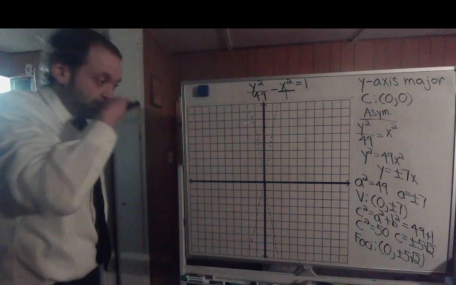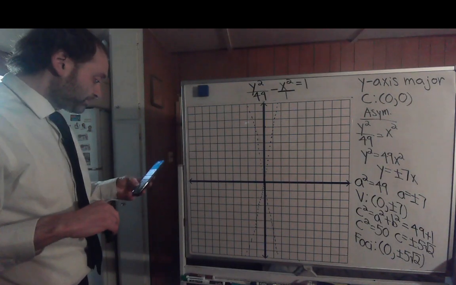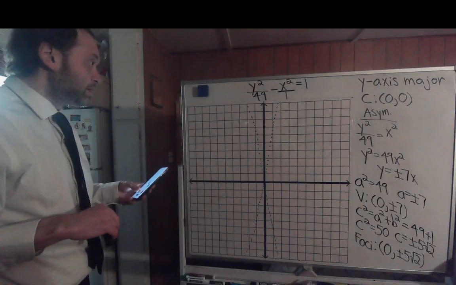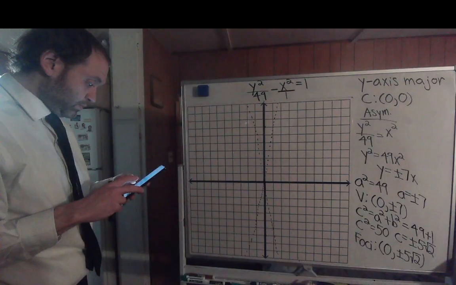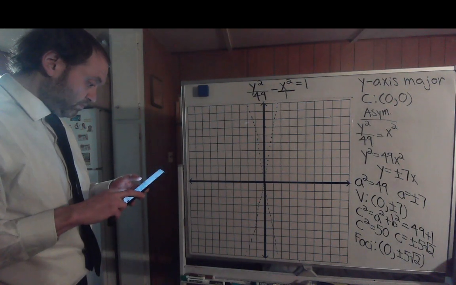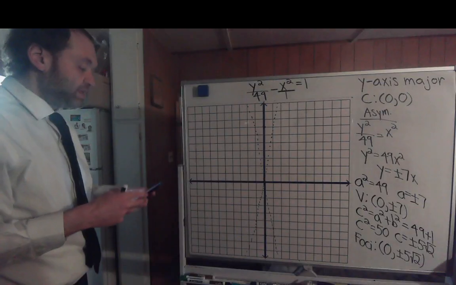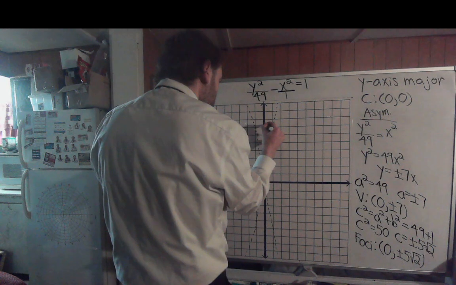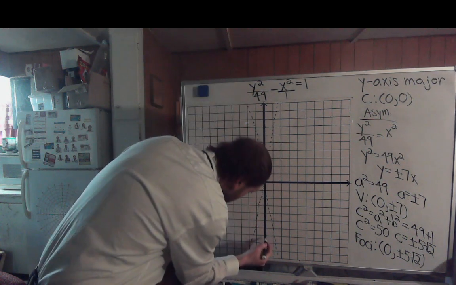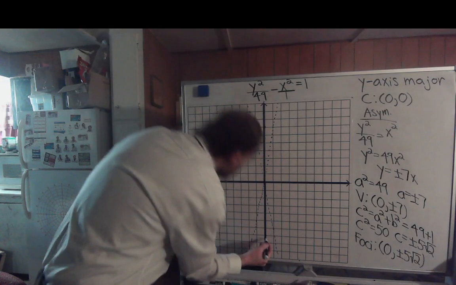So let's plot the foci. It's about 7.07, so not far past the vertices. Not far past the vertices at all.